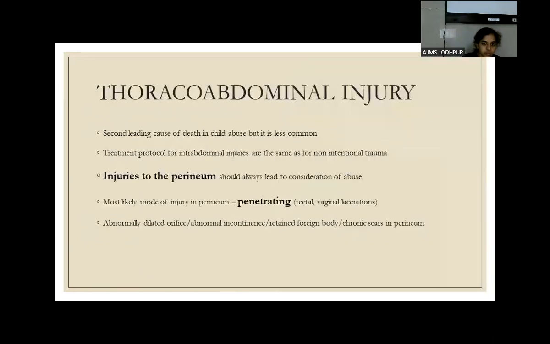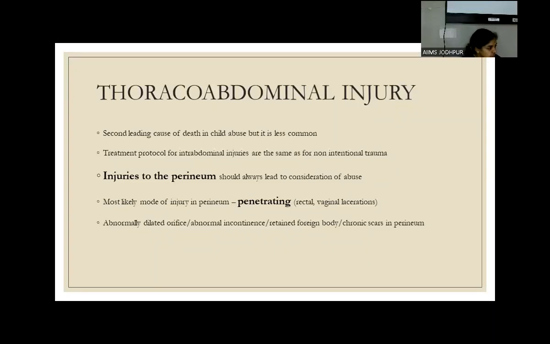The other mode of presentation is a thoracoabdominal injury. It is actually the second leading cause of death in children who have sustained child abuse, but it is less common. And the treatment protocol for any child with an intra-abdominal or thoracoabdominal injury is the same as for non-intentional trauma. In these patients, specifically injuries to the perineum should always lead to consideration of abuse and it should be ruled out.